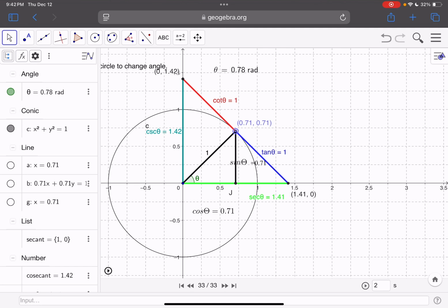Now, it doesn't label it, but I know this is 45 degrees. And that's because in our blue parentheses, we have cosine comma sine. Cosine equals 0.71, sine equals 0.71. Tangent is the relationship of sine divided by cosine, and any number divided by itself is 1. So our tan theta is equal to 1.